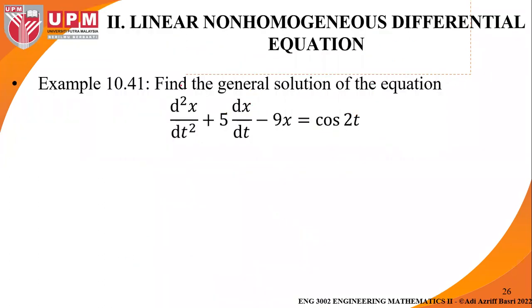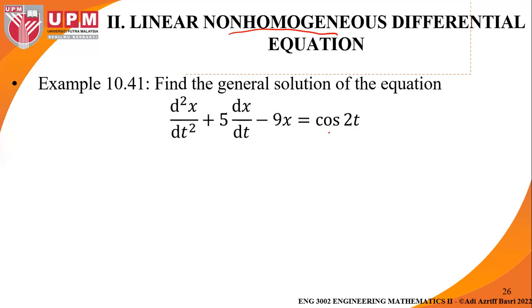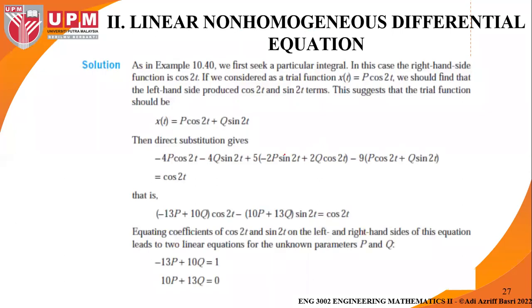Next, find the general equation of these equations. We know that this one is first a non-homogeneous equation, in terms of cos 2t. First, we seek a particular integral. We want to find the main general equation. In this case, the right hand side is cos 2t.